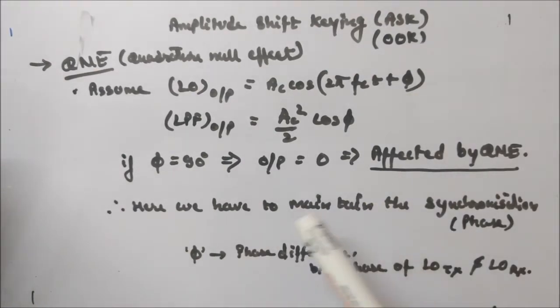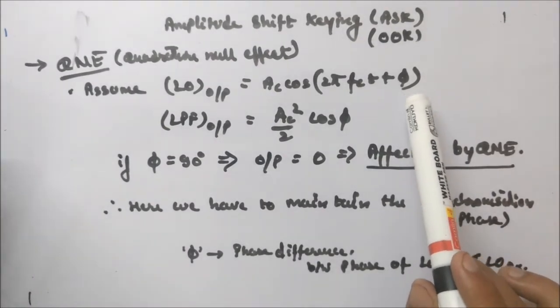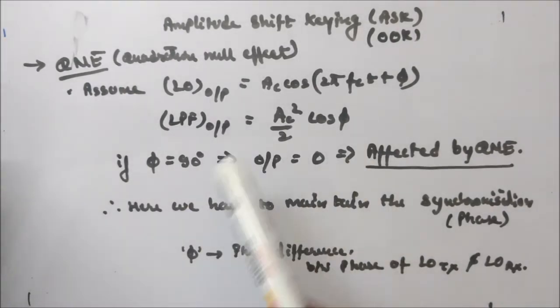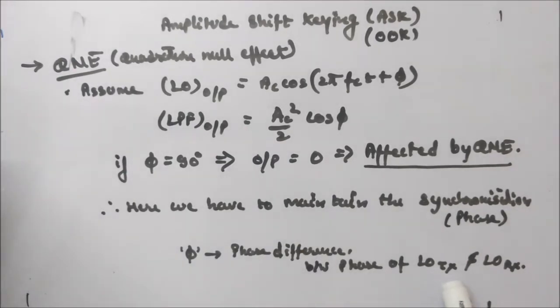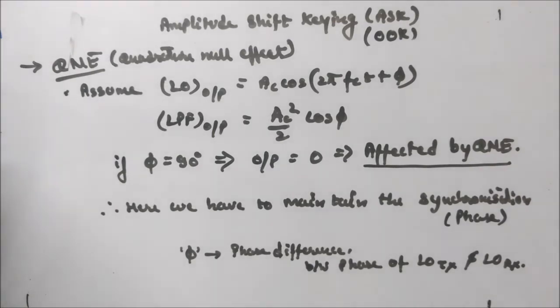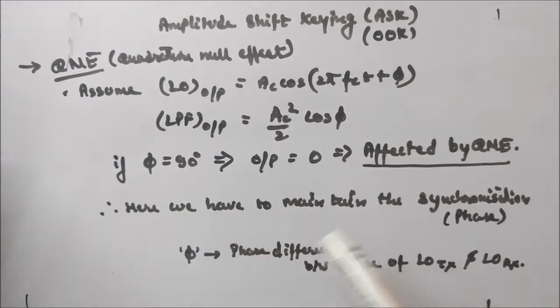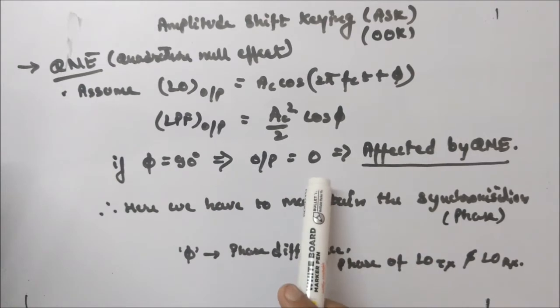That is why we try to maintain phase synchronization. What do I mean by this? You try to keep the phase difference as low as possible, and ideally it should be equal to 0, so that your receiver will work properly. The difference in phase between the local oscillator of the transmitter and the local oscillator of the receiver should be 0, or as minimum as possible, else it won't work properly. If phi goes to 90 degrees, you will not be able to receive bit 1.